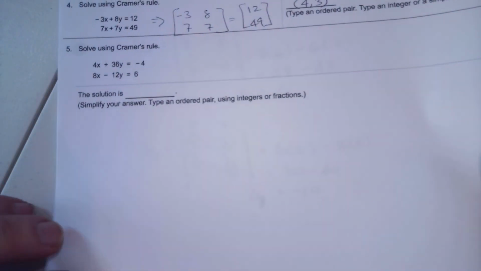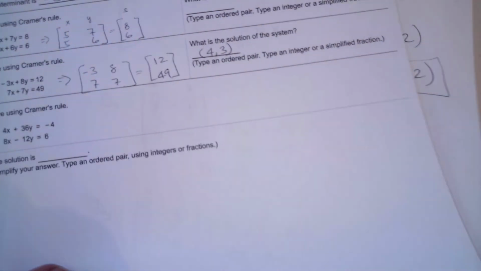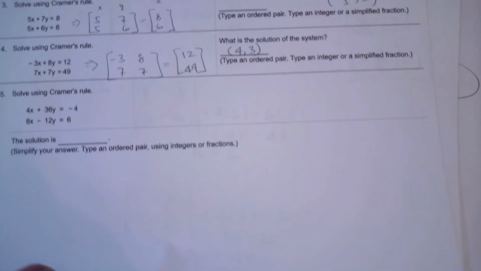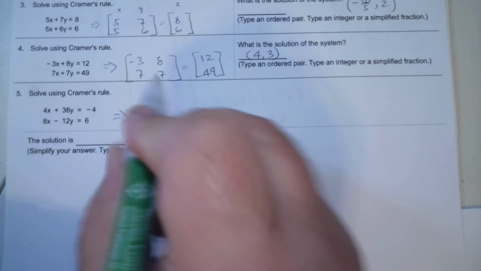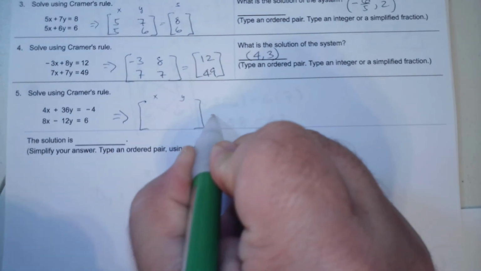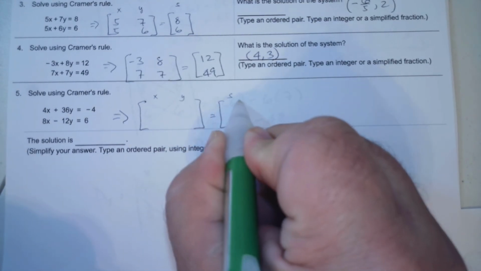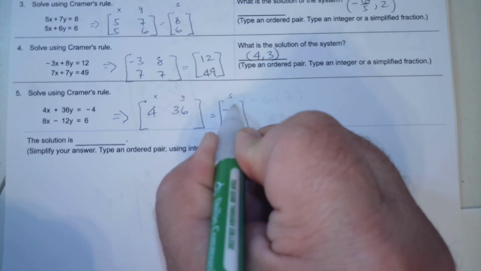Alright, now the last one. Solve using Cramer's rule. Again, I'm going to need a piece of paper because this is going to be another long one. So this first one, as we did before, let's create the matrices. This is the x, this is the y, this is the solution. So we have 4, 36, negative 4.